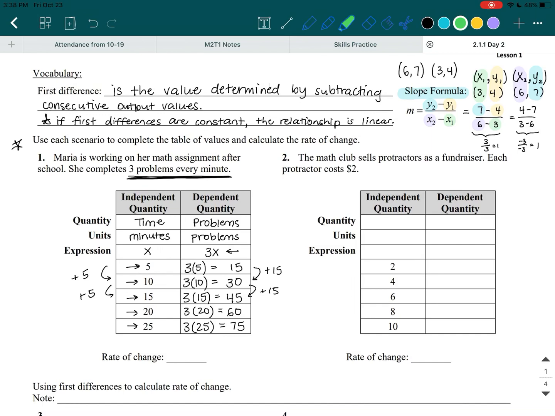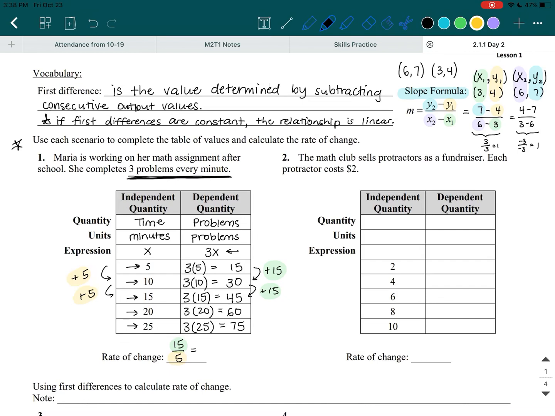So to calculate our rate of change, the first difference, which is the rate of change, is the value determined by subtracting consecutive output values. So we're going to calculate this by taking this number, 15, divided by 5.